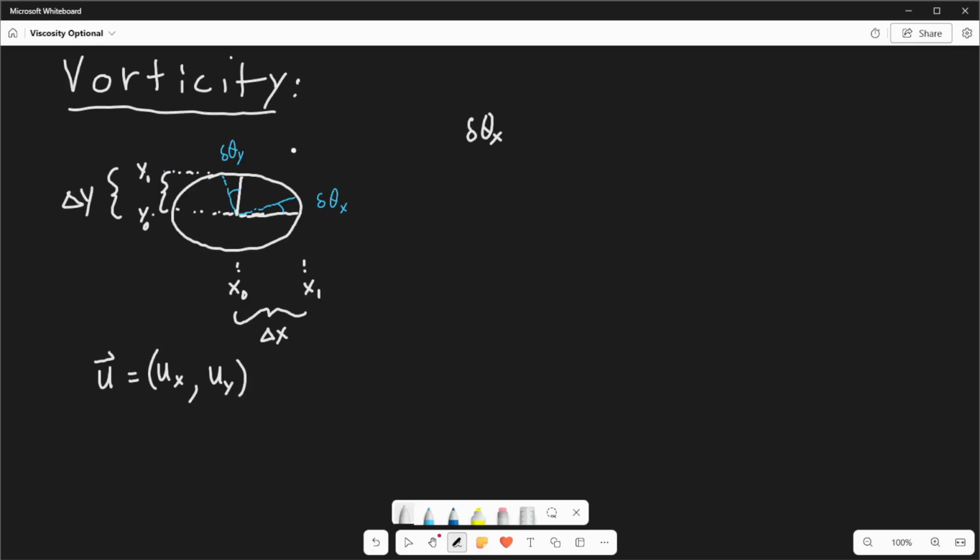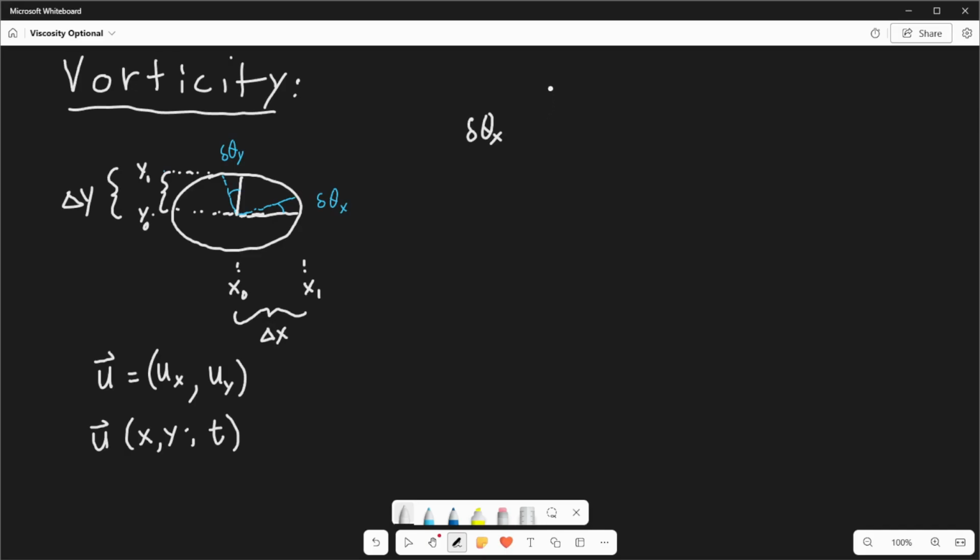And of course u depends on space and time, so u vector is actually a function of x, y, and t, and presumably this exists in all space. So the concept is to try to figure out how much did this rotate based on the velocity field.